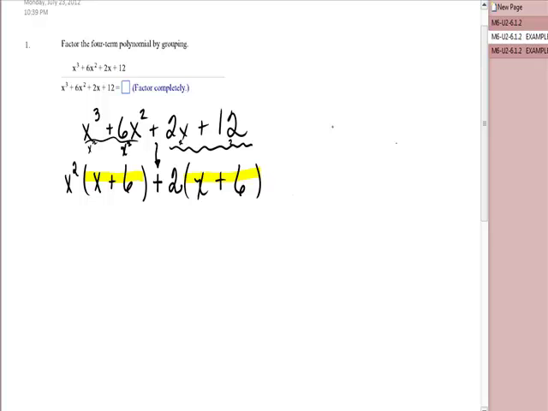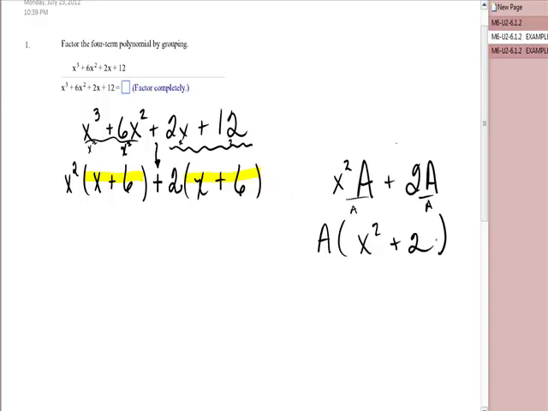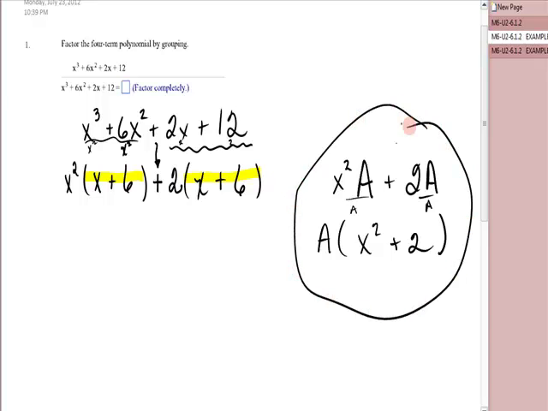Now think for just a minute. If you had x squared times a plus 2 times a, and I said, could you factor that? You'd say, oh yes, I see an a. Let me take it out in front, and then if you divided each of these by a, you'd be left with the x squared plus 2. All right, keep that in mind.